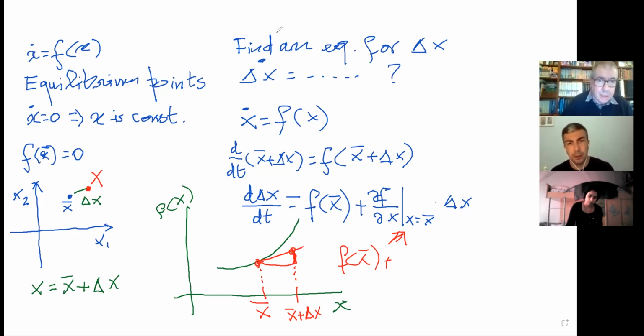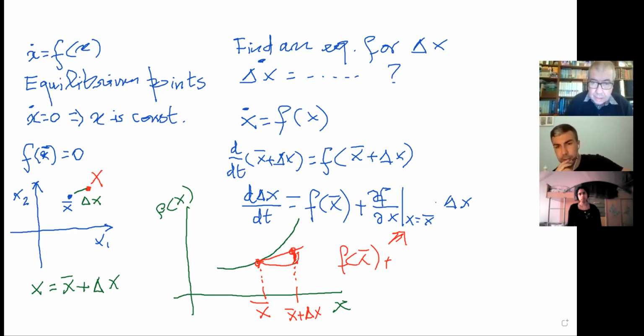Any question? The last part, would you repeat it again? To find this bit here, you take the slope times the increment.